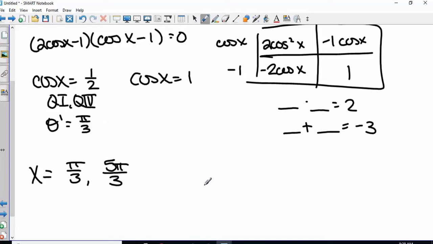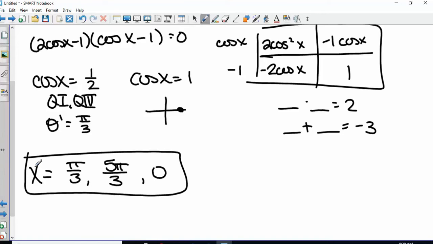In quadrant 4, 2 pi minus pi over 3 is 5 pi over 3. If cosine x equals positive 1, that only happens where? Cosine's positive in quadrants 1 and 4, but when cosine is 1, that only happens at 0. Which is technically the same as 2 pi, but my directions had the bracket on the 0, so I'll use it.